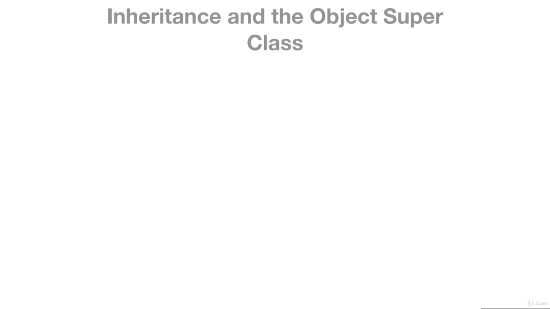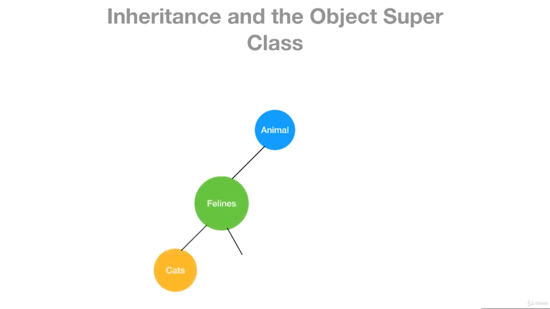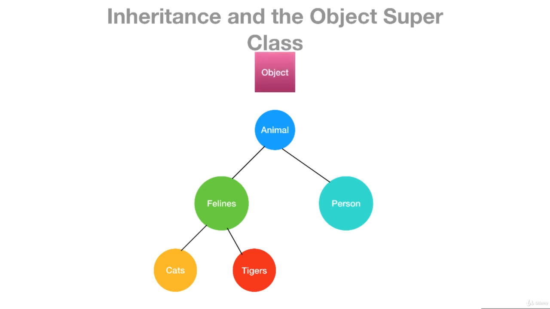We still have the same thing in Dart. So if you look at, for instance, an animal, like we looked at before, it has felines and all of the ramifications as well, right? Person, and so forth. But we also have this object class, which doesn't inherit from anybody else. It's just an object class at the top of the food chain, if you will.